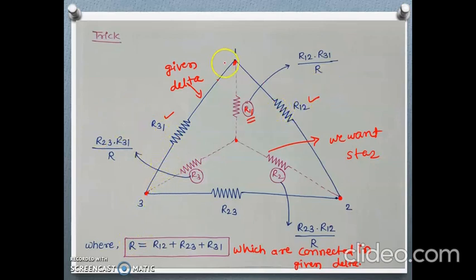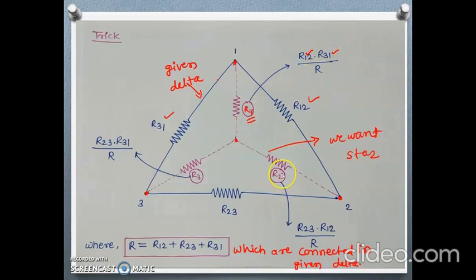Also, observe here, R1 is there, with suffix 1. So what are the resistances which have the suffix 1? Multiply those. For R1, the multiplication will be R12 and R31, because 1 is here and 1 is here, divided by the sum of all.